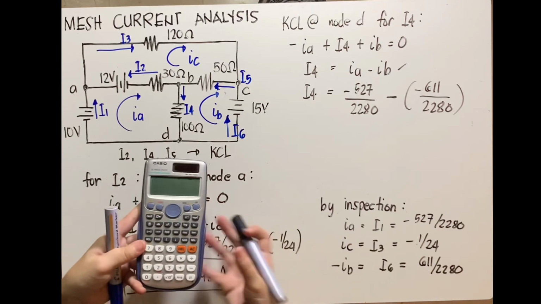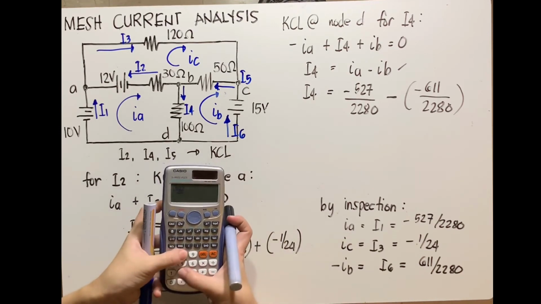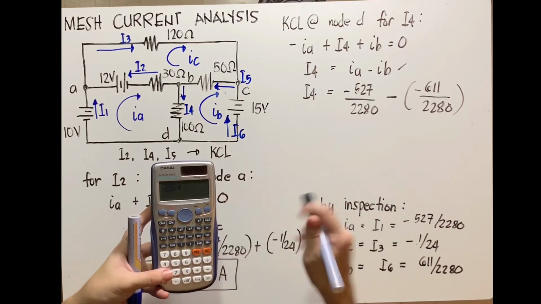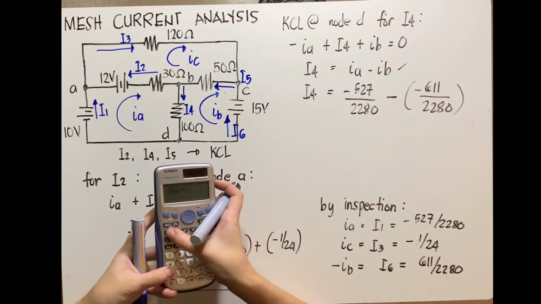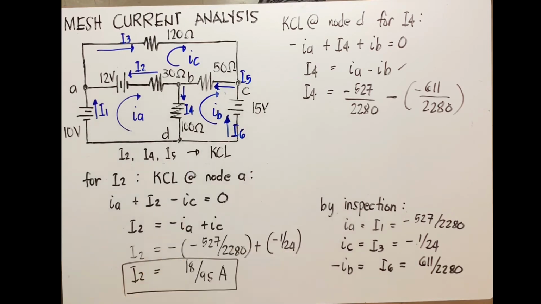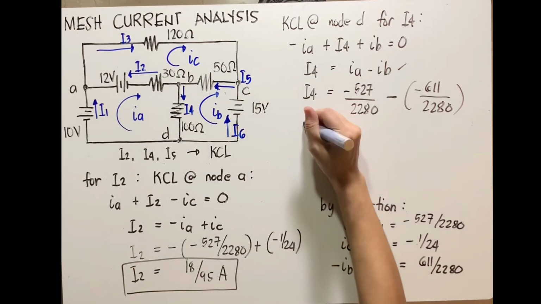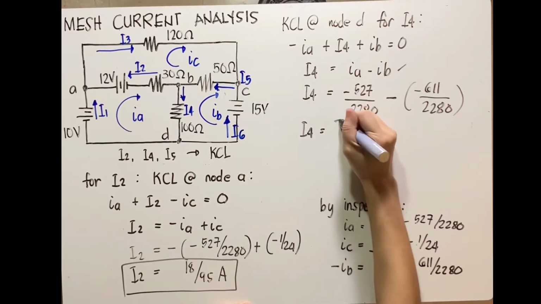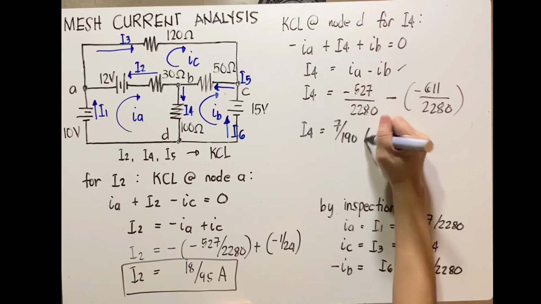Let's take our calculators for that. You have negative 527 over 2280. Plus na, negative, negative, positive, 611 over 2280. So our answer is 7 over 190. I4 is 7 over 190 amperes.